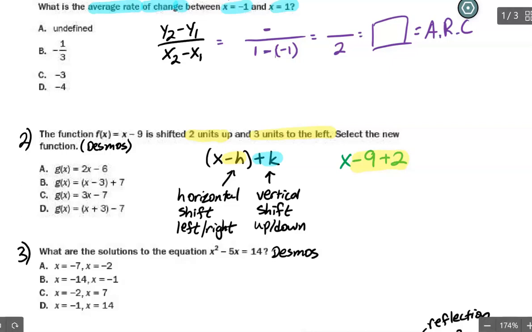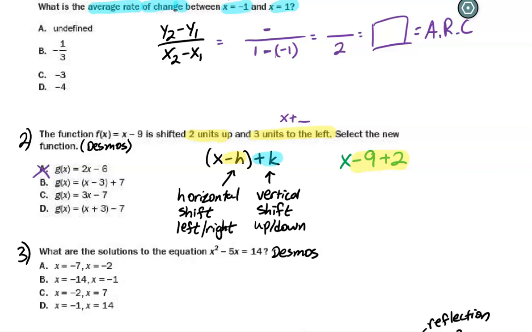I'm going to tell you right now, the answer is not A. Now 3 units to the left. If I'm going to go left, it's going to be x plus something. Now that's all I'm going to say, because anything else I'm going to pretty much give away the entire question. So kind of from there decide.